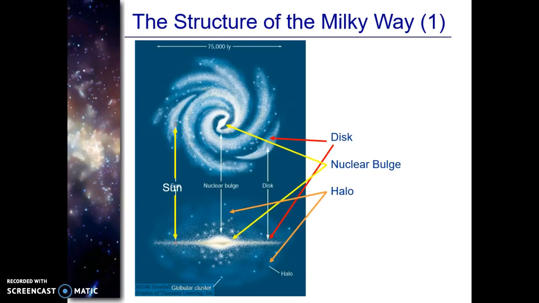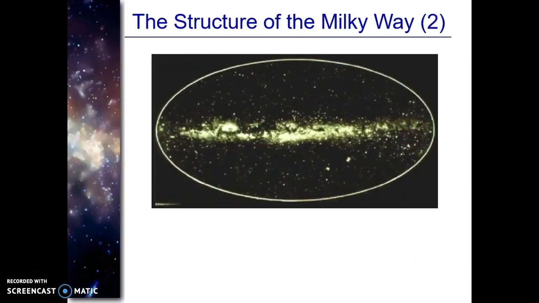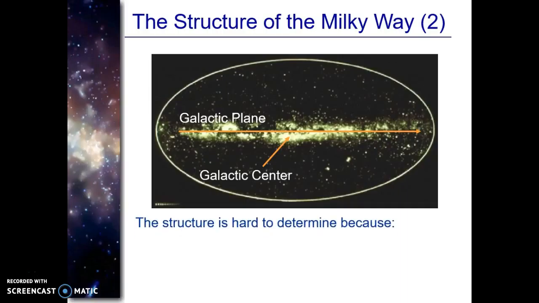We also have the halo of the Milky Way, the gaseous stuff around the top and the bottom if we looked at it flat. And then the globular clusters of stars, which are typically in the halo. The Milky Way has a galactic plane, which, if we looked at it from the flat side, would look straight across. The galactic center is in the center.